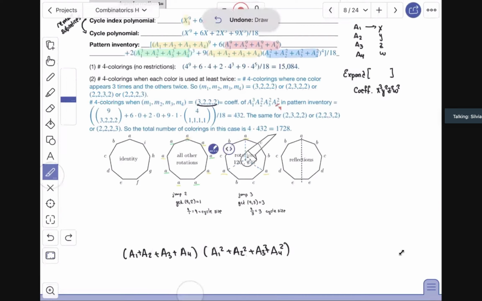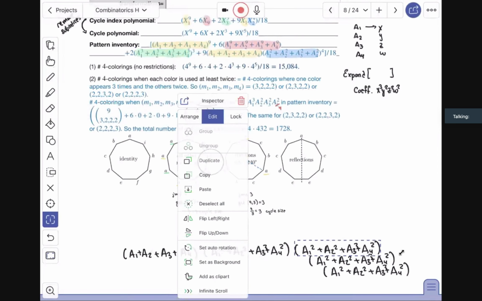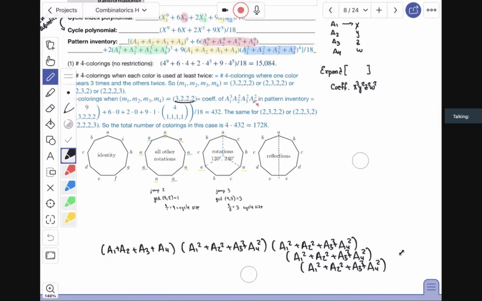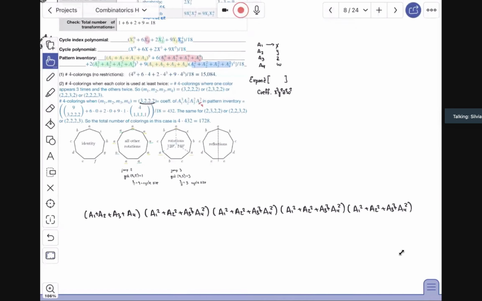I'm going to copy paste this. So this is what I'm expanding, right? For that last part. So I have the 9. The 9 just comes from this coefficient, okay? Okay, so I need to expand this.